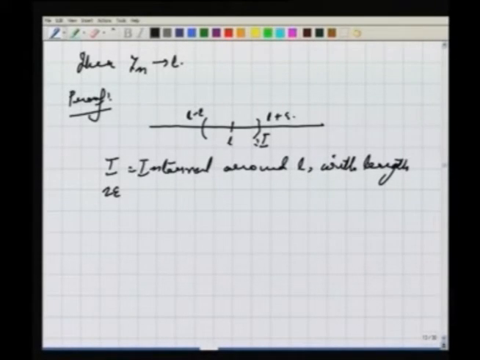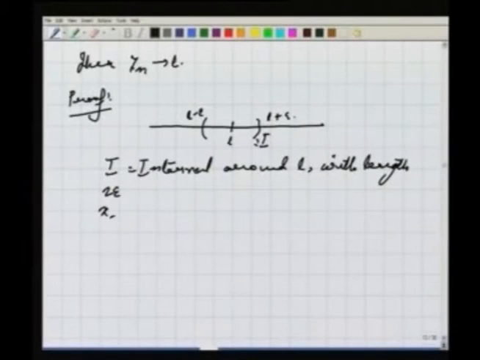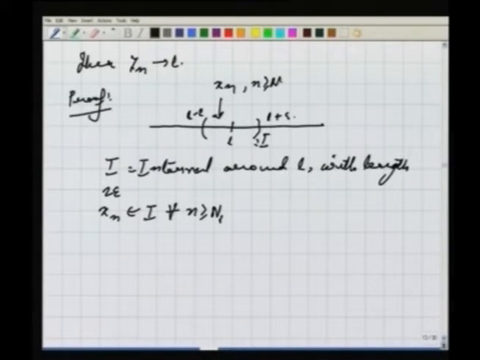Now let us just use the fact that xn converges to L. It means there is a stage, let us say n1, so that xn belongs to I for all n bigger than or equal to n1. So, all xn's are here, for n bigger than or equal to n1.